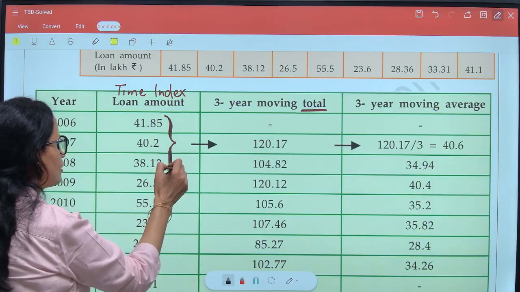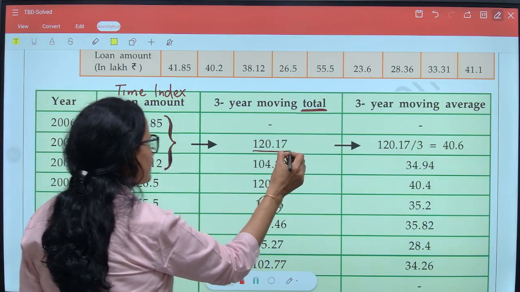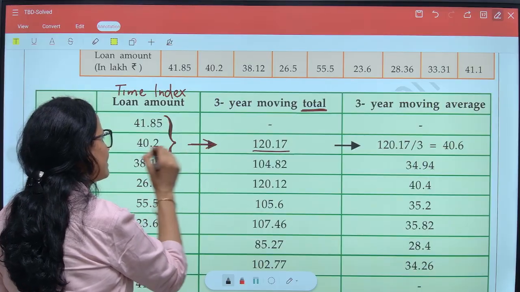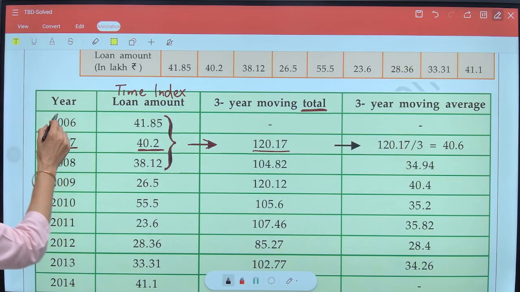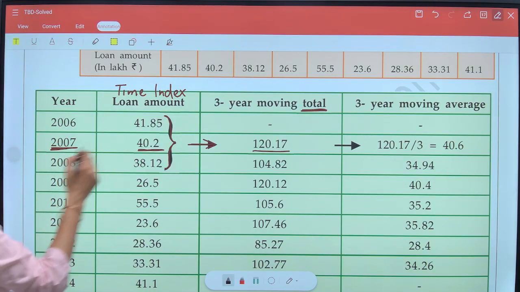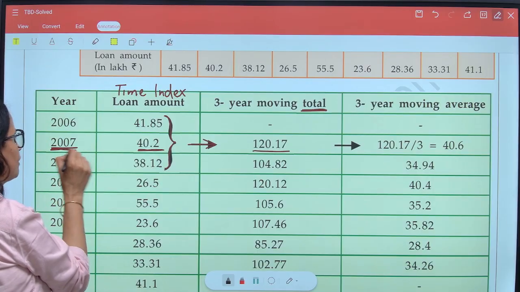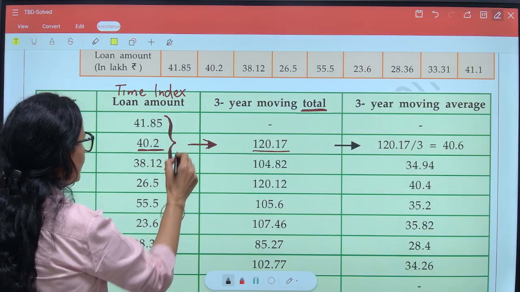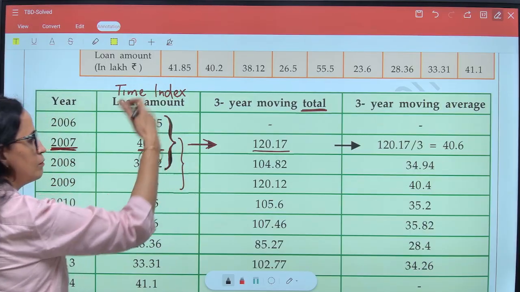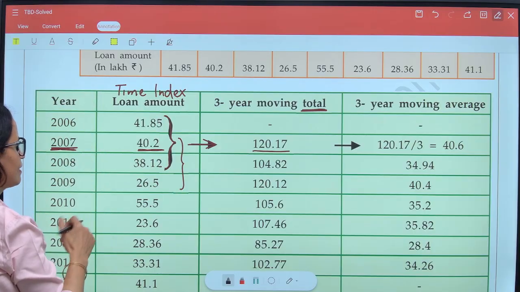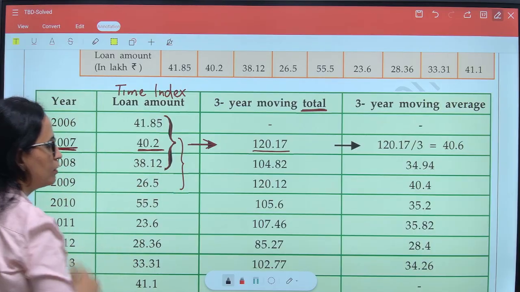So add the first 3 values, write the sum beside the center value. The center year was 2007 when you added for 2006, 7 and 8. So write the sum beside the center value, that is 2007. Then next you move to the next block. Remove the first year 2006 and add the value for 2009.